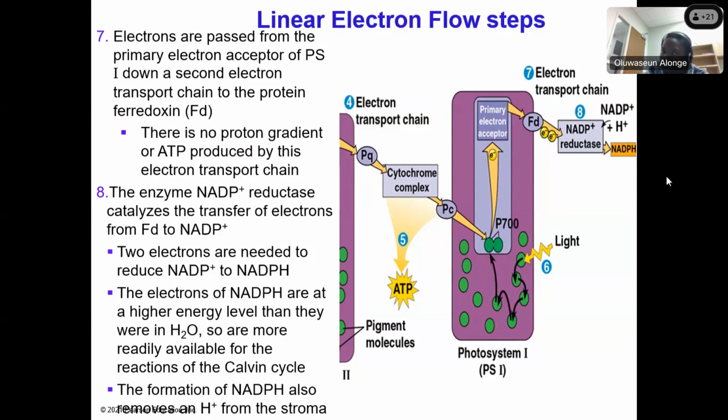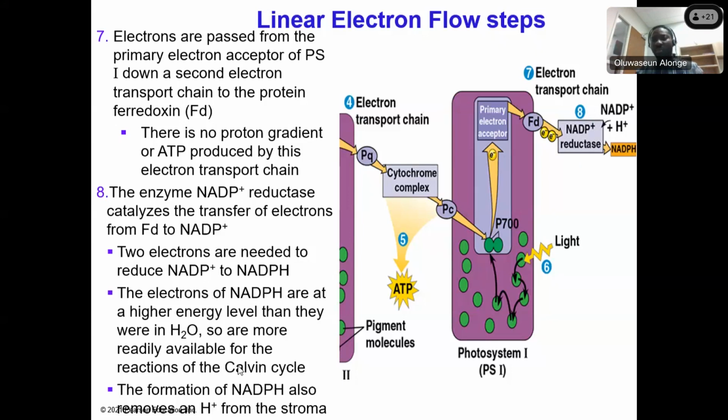The enzyme NADP plus reductase will reduce NADP plus by giving it the electrons and reduce it to NADPH. 2 electrons are needed to reduce NADP plus to NADPH, which is the 2 also that was lost. The electrons of NADPH are at a higher energy level than they were in H2O, so they are more readily available for reaction at the Calvin cycle.